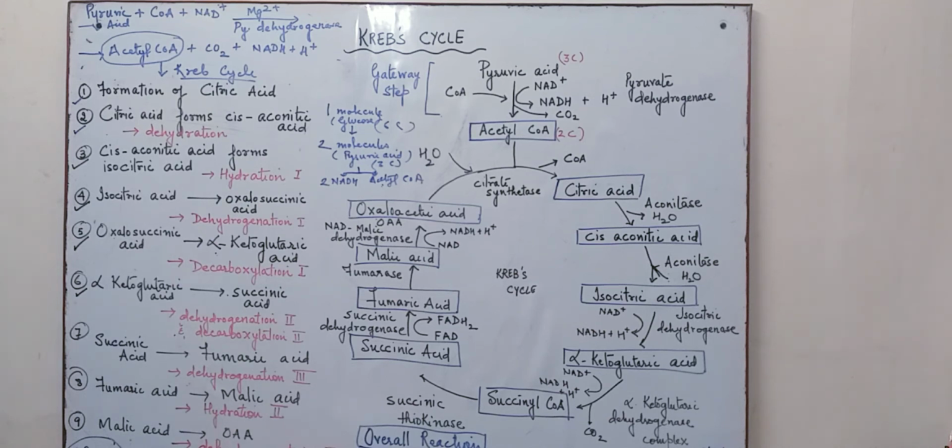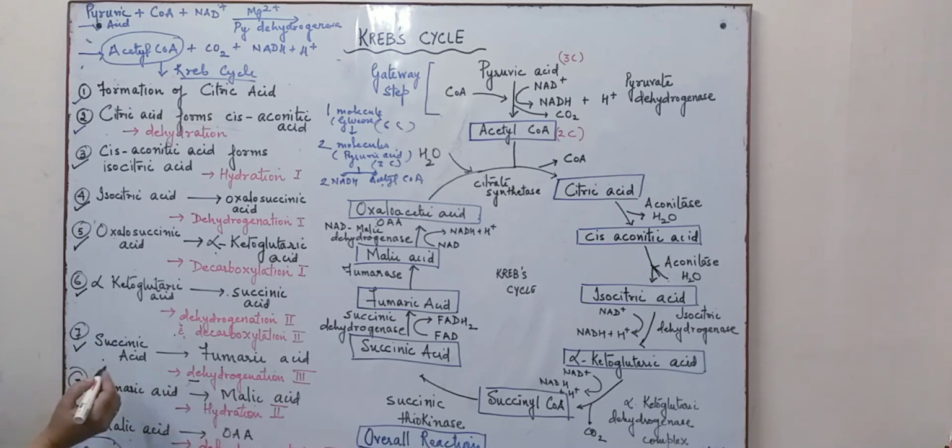Over there, the third dehydrogenation is taking place, that means the change of succinic acid into fumaric acid. This is the third oxidation step, dehydrogenation 3, where two hydrogen ions and two electrons are removed from the succinic acid.